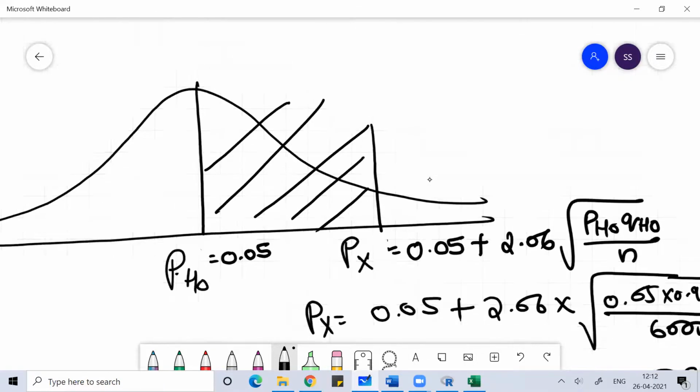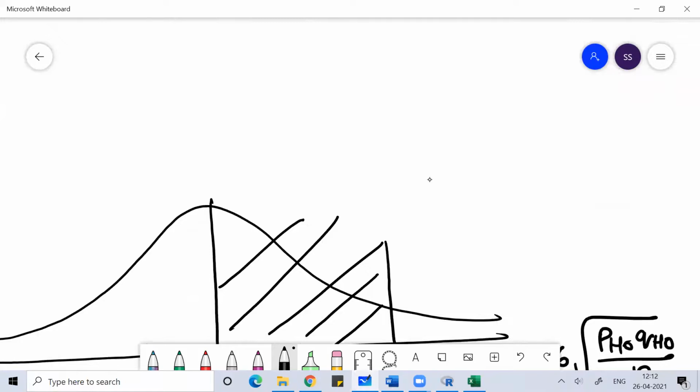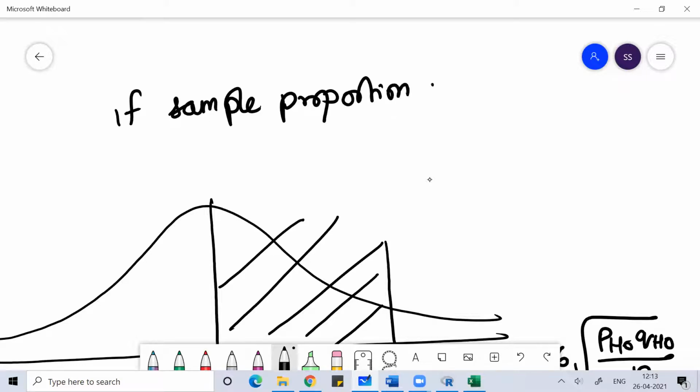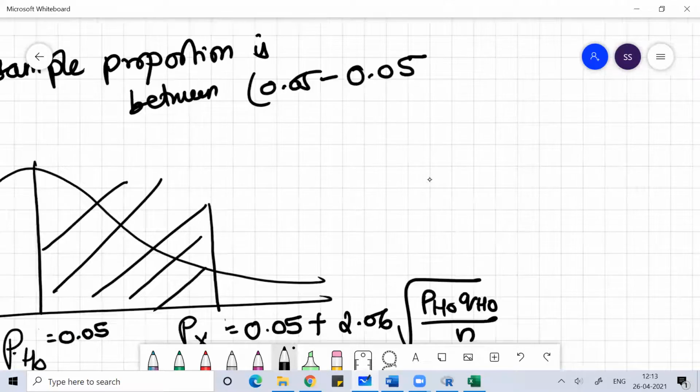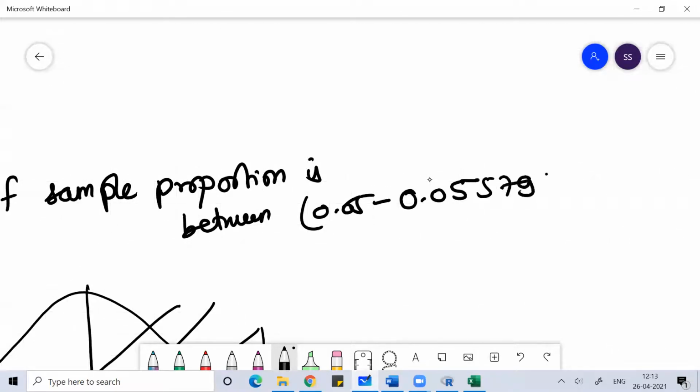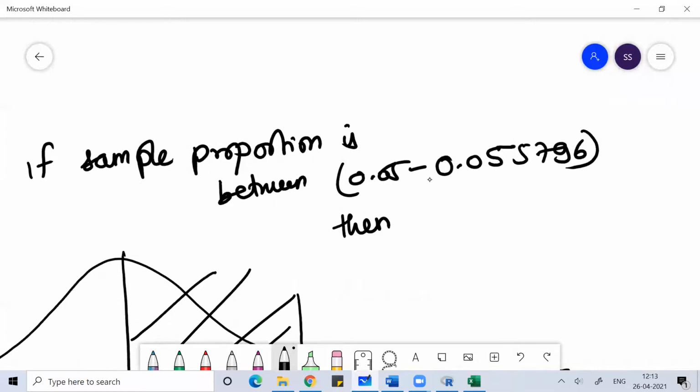Okay, I hope you're understanding. So if my sample proportion is between 0.05 and 0.055796, then the hypothesis is correct.